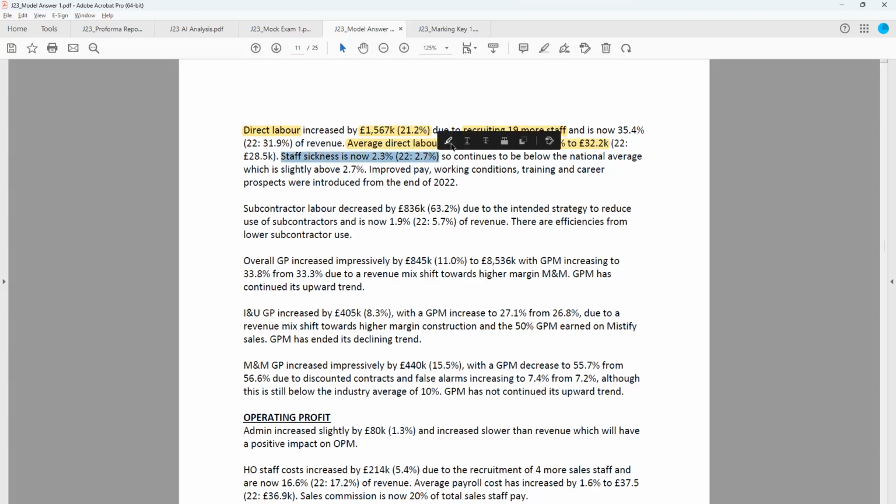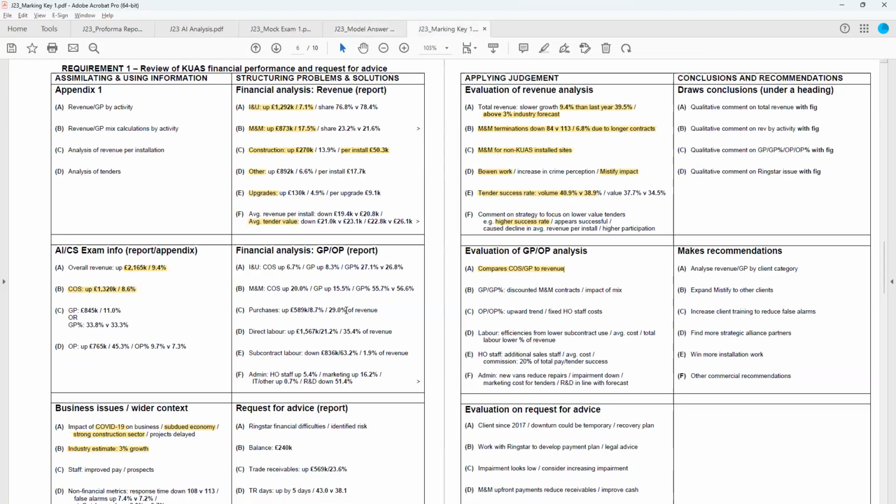So staff sickness is up, but it's below the national average. We know the national average is slightly above 2.7%, because we know that this is slightly below the national average, but it's lower now. And again, this is a good context point, the improved pay and conditions. It's also a reason why average direct labour cost has gone up and staff sickness has gone down.